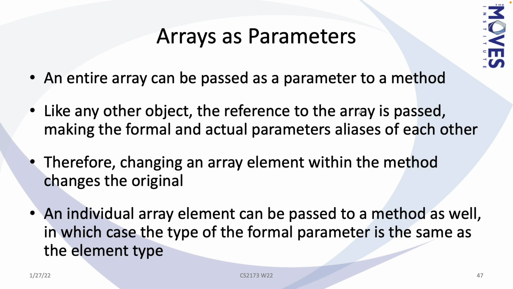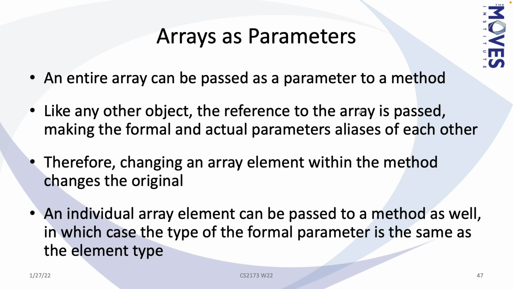Okay, so the behavior is going to be a little different depending on whether I'm passing a primitive, in which case nothing gets changed, or if I'm passing, say, an array and it can change the value. That also applies if I'm passing an object. If I pass an object, it'll be a copy of the reference to that object, but it'll point to the same object.